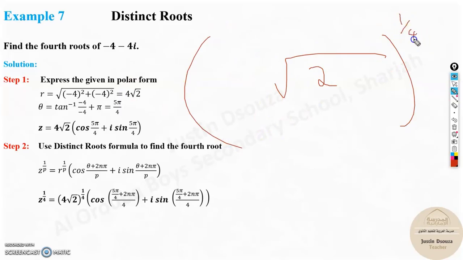Leave this over here. How can you write 4 in terms of square root? So we know 4 is basically square root 16. Square this and write the square root, right? If it's 4, square it and write the square root. 4 square is 16. That's how we write it.